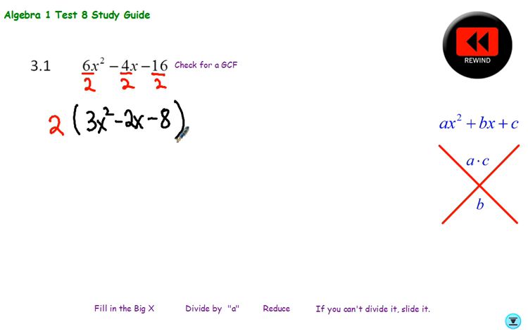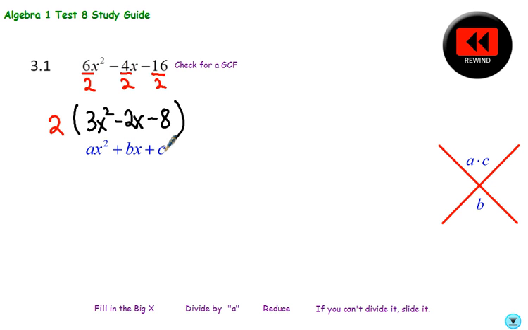Now, what we're going to do to help us factor this is that we're going to be again using this big X over here, and let me kind of show you how this whole thing works. First of all, you see that the big X says A times C and B. Well, where we're getting the A, B, and C from are these numbers right here. So, for instance, our 3 is our A, negative 2 is our B, and negative 8 is our C. So that's where we're getting the A, B, C from.